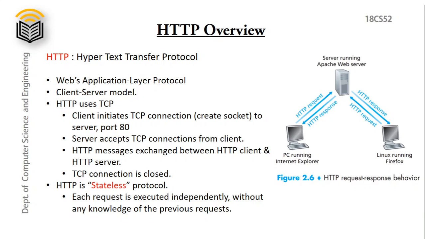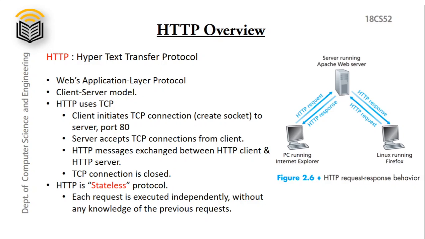So this HTTP protocol works on the application layer. In the lower layers it uses the TCP protocol. As we know, TCP requires a handshake procedure. So first of all, the client initiates the TCP connection by creating a socket at port 80. Once the client initiates the TCP connection, the server accepts it.